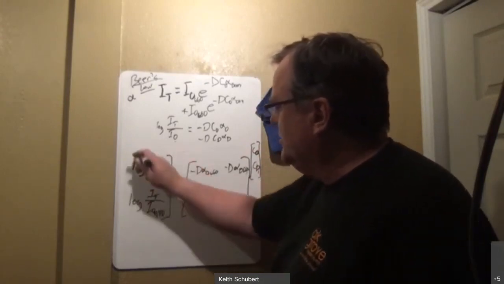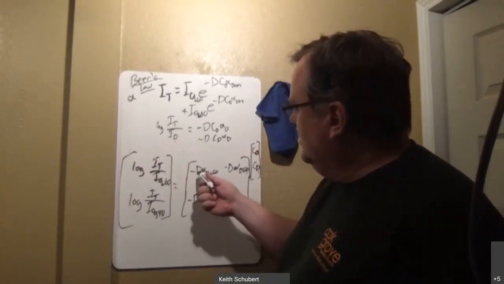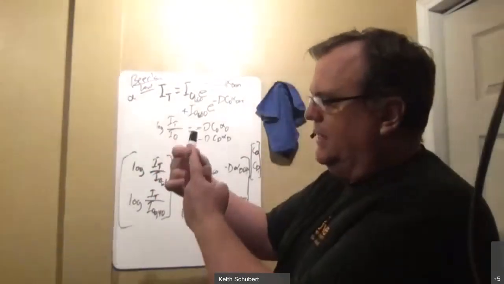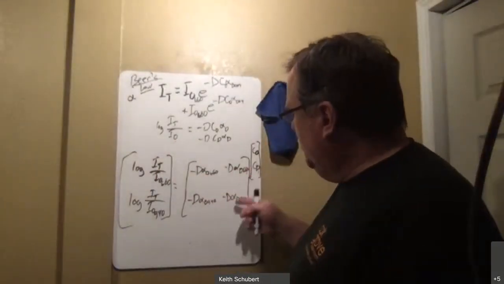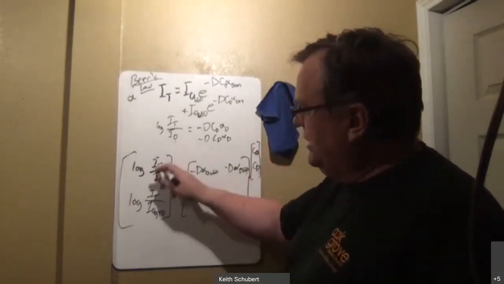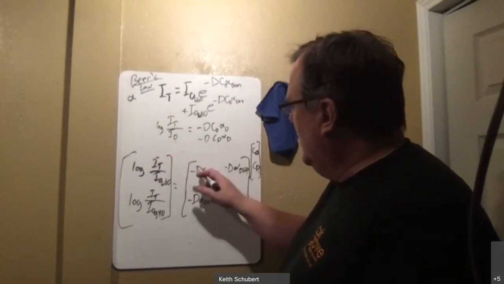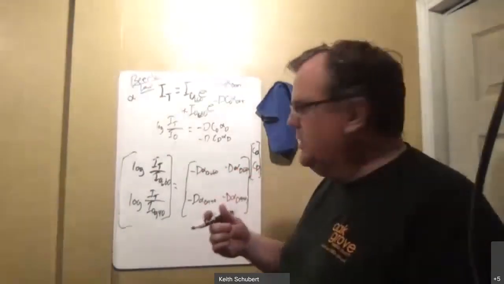And I just stick this in a matrix. And I can measure these values. And the distance I can measure on somebody's finger. And I can actually put in these extinction coefficients. And I know these because I measured them. And I know these because D is measured and alpha zero comes from a table.